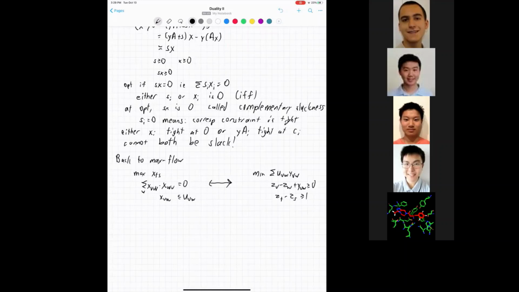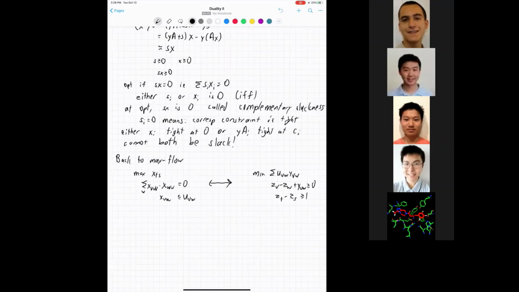That either an edge's flow is saturated or the corresponding dual equation is tight, meaning that the edge is stretched out in the embedding. Exactly. We can relate the primal variables X_VW to the edge length constraints in the other linear program.